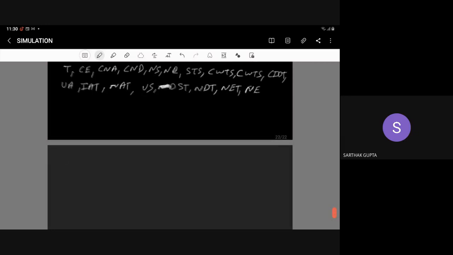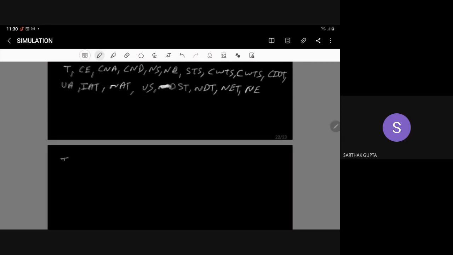So what is T? T is the current time, which means the clock will start from 0 to T max. So we have to update time continuously.